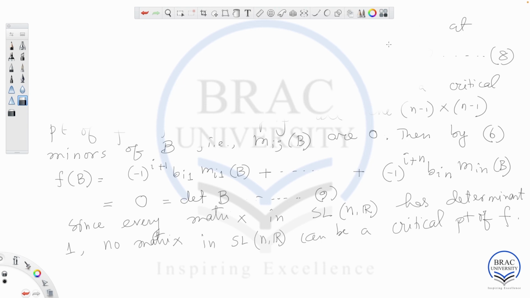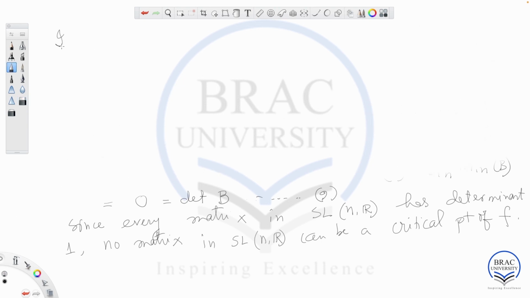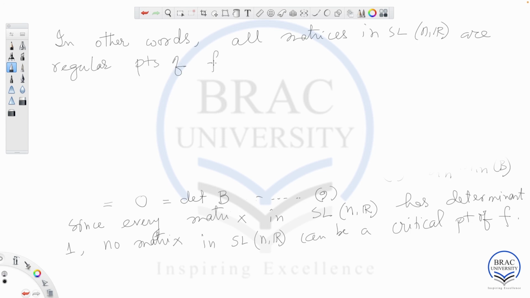In other words, all matrices in SL(n, R) are regular points of the function f, and f inverse of 1 is a regular level set.